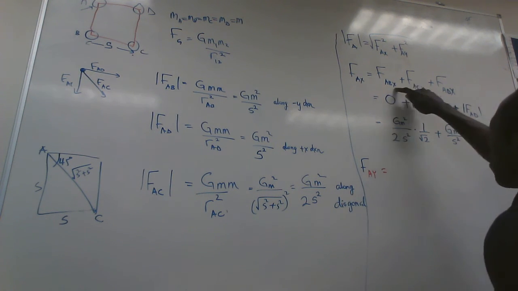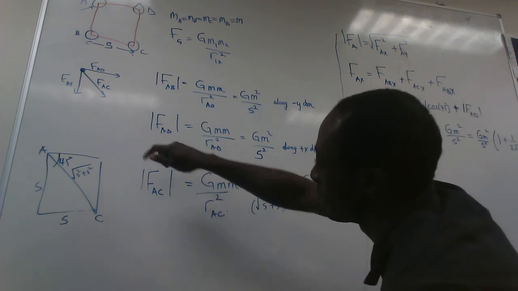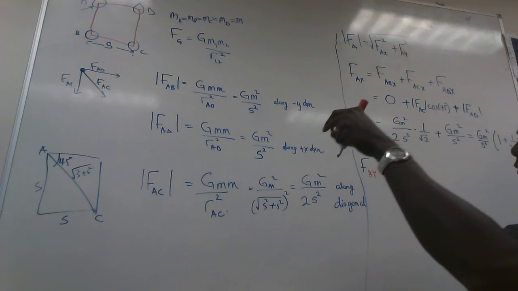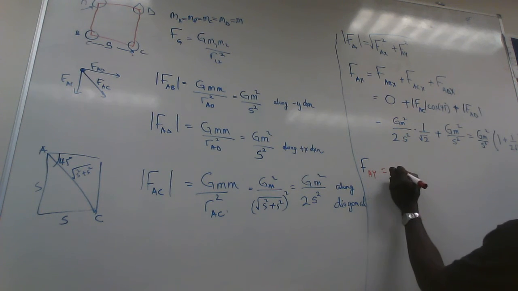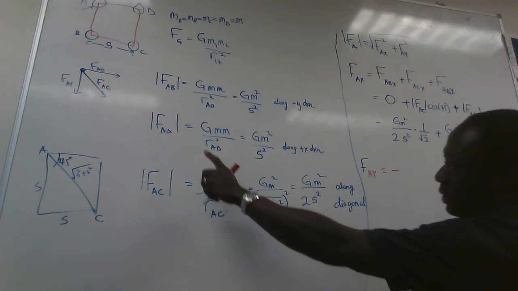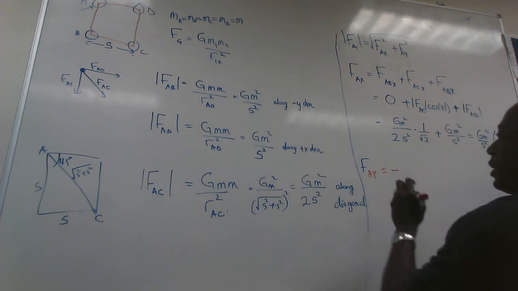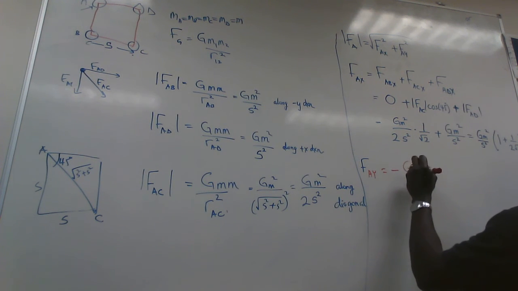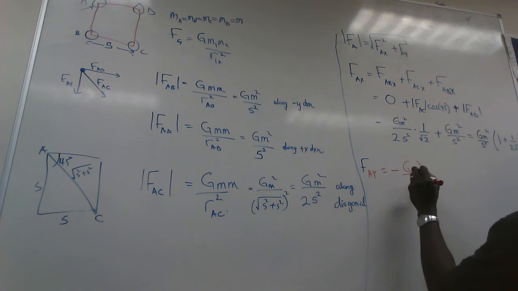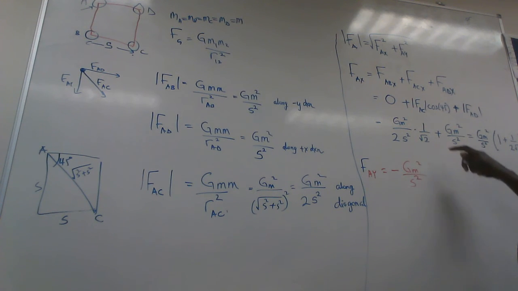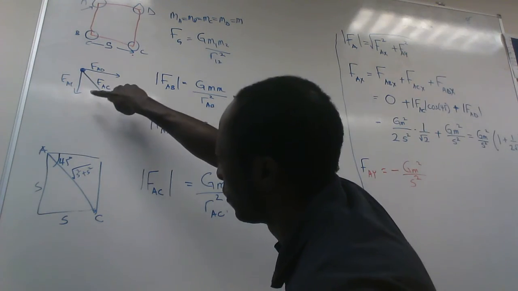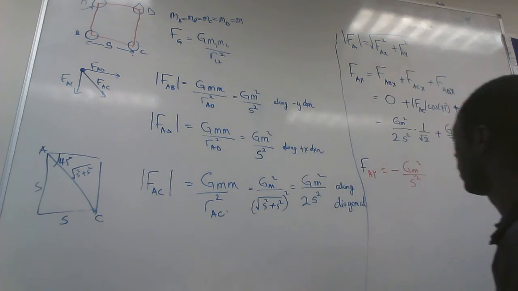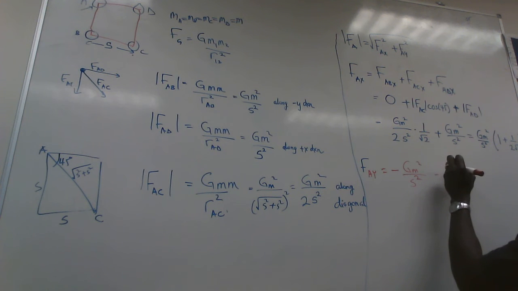FAY will be equal to, again, the y components of the different forces. In this case, FAB acts in the negative y direction, so we'll have a negative sign here, and FAB has a magnitude of GM squared over S squared. Also, FAC has a component acting in the negative y direction, so there'll be a minus sign here times GM squared.